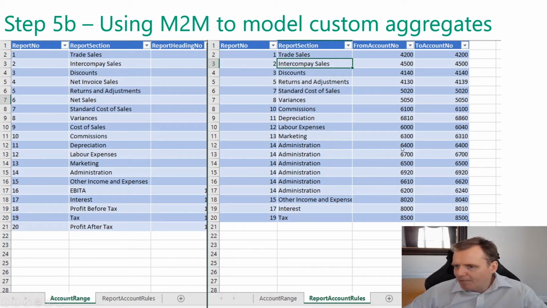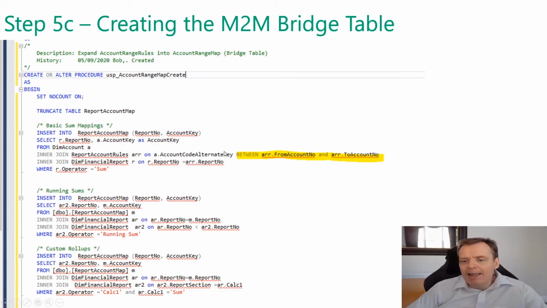So I can't say from 6,000 to 7,000 is administration. It wouldn't be that simple. But I can define a range of rules. I bring those tables in, and then I create a bridging table, a many-to-many table between the account codes and the report. So here's an example. Now, I currently don't do this in Power Query, I have to say.